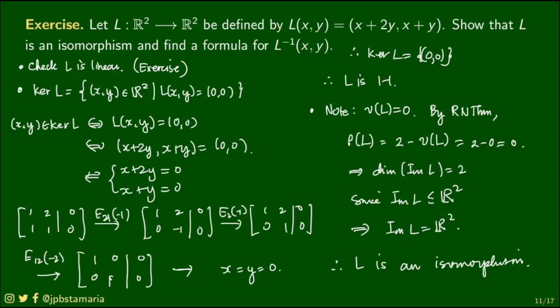Next, because that being an isomorphism, we want to find a formula for what? For L inverse of xy. How do we get a formula for L inverse of xy? So let me erase this board for you.